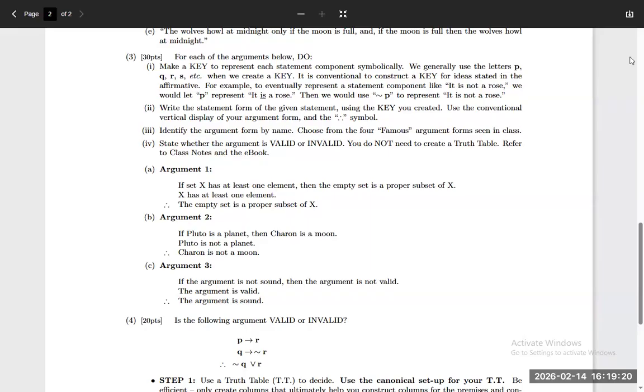The empty set is a proper subset of X. So that's our key. Does that make sense? Can you see it? Yes. Okay.